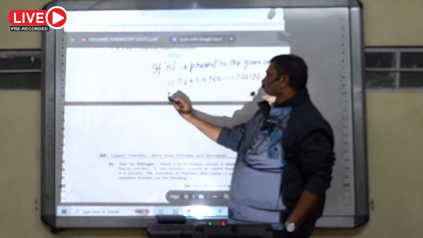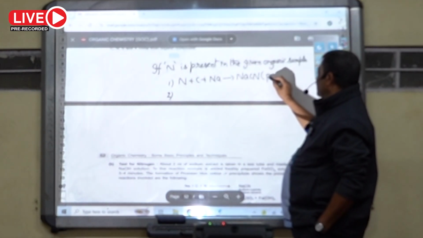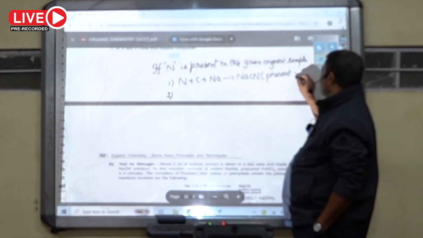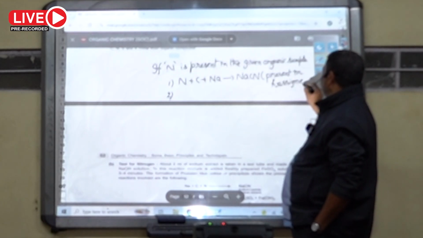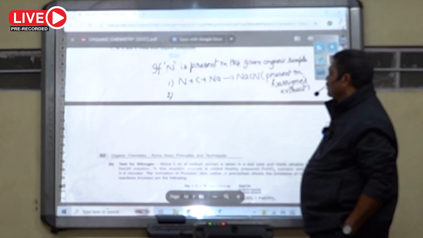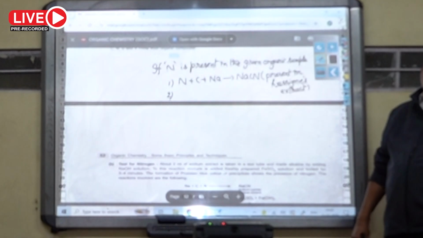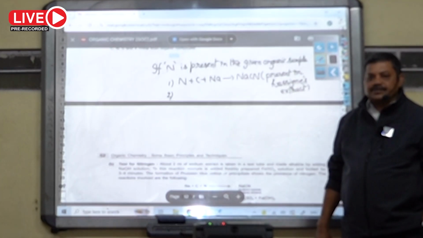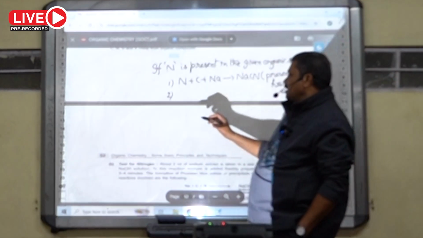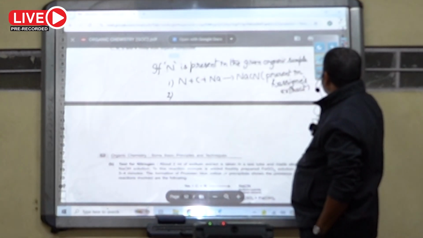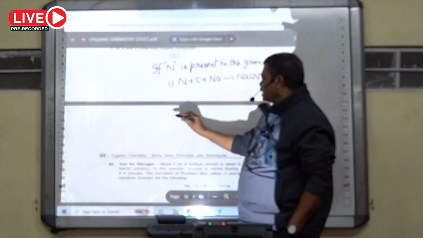This is the first step. The sodium cyanide is present in Lassaigne's extract. So if nitrogen is present in a given organic compound, it will react with carbon and sodium metal and form sodium cyanide.